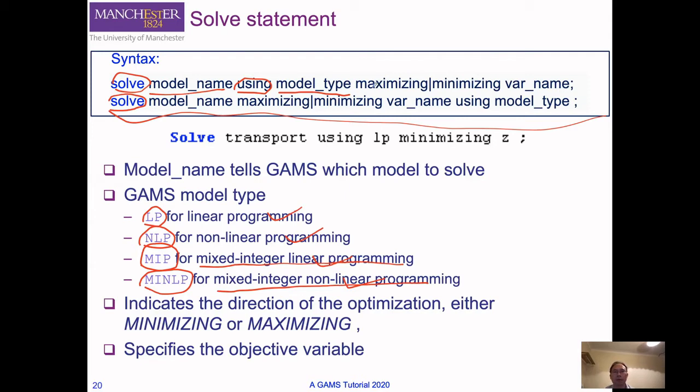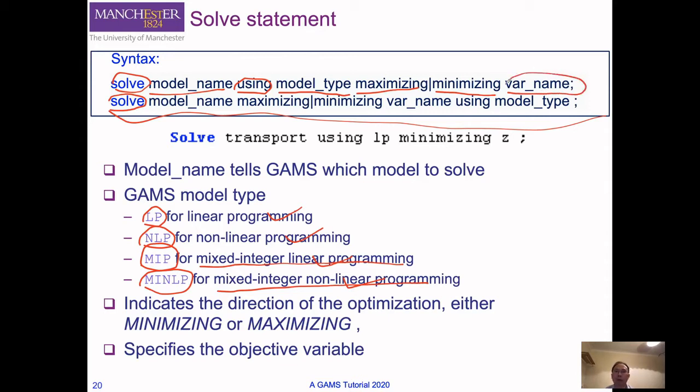After that is to specify the direction of optimization. The optimization is minimize or maximize. If minimize, then you should write minimizing. If maximize, then you should write maximizing. After that is the variable name.